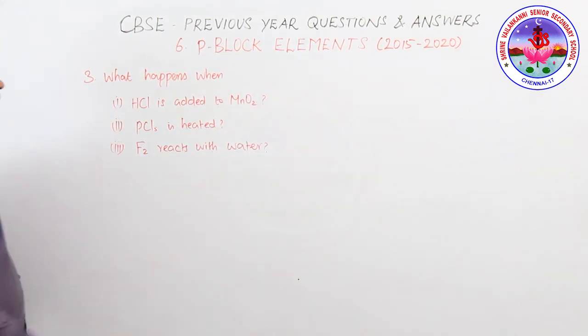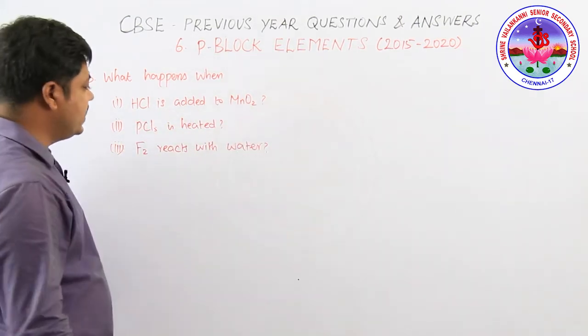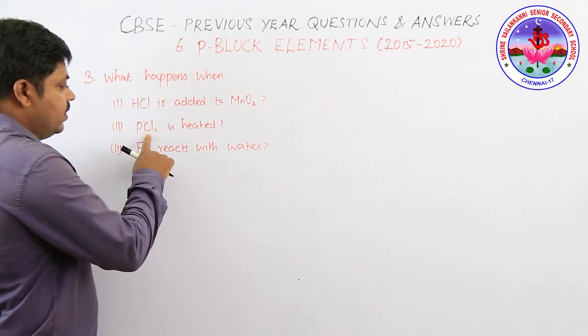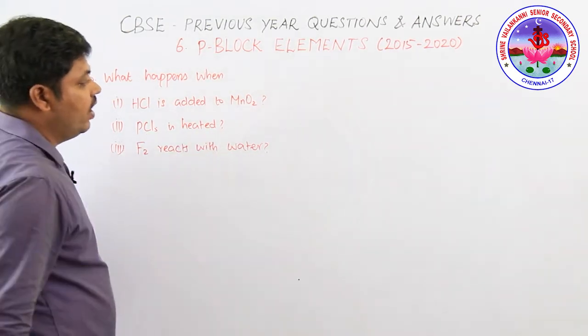See the next question. What happens when HCl is added to manganese dioxide? The second question is: PCl5 is heated, then fluorine reacts with water.